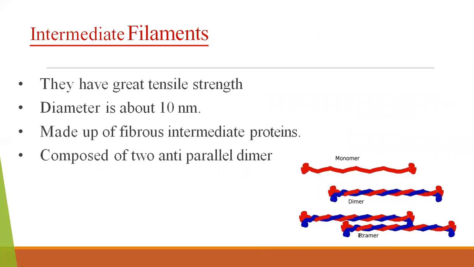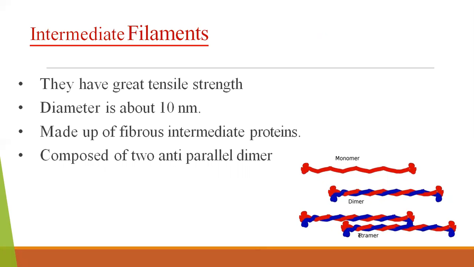Intermediate filaments have great tensile strength, with a diameter of about 10 nanometer, and are made up of fibrous intermediate proteins. They are composed of two antiparallel strands.